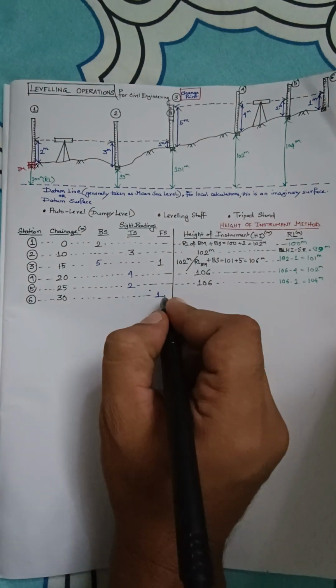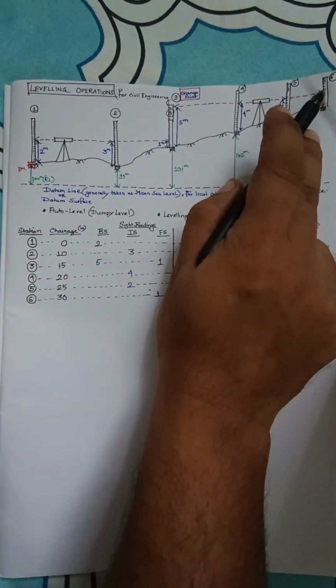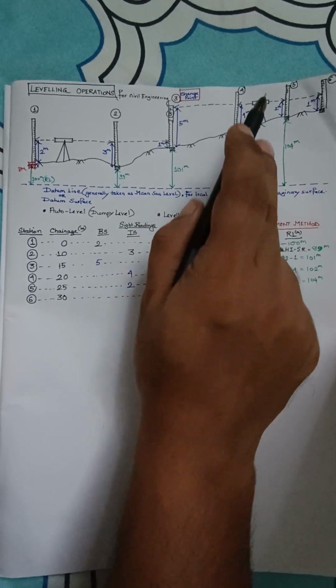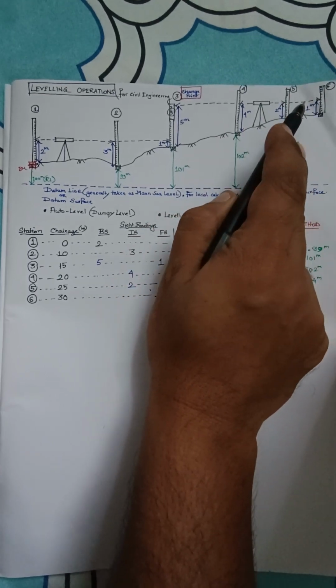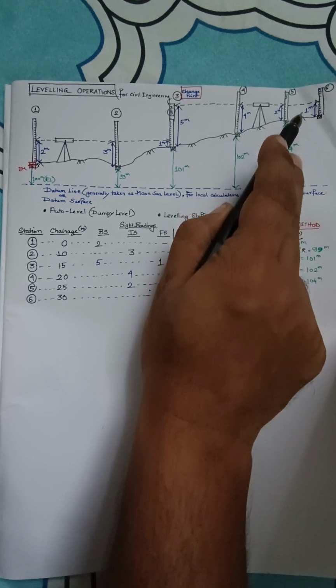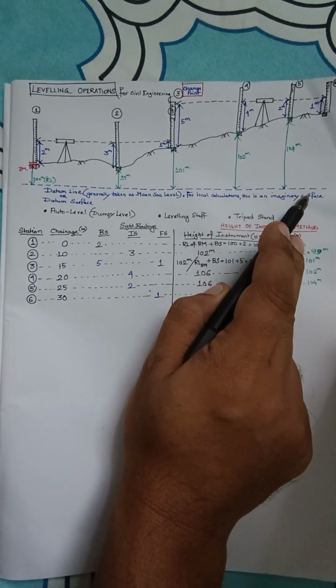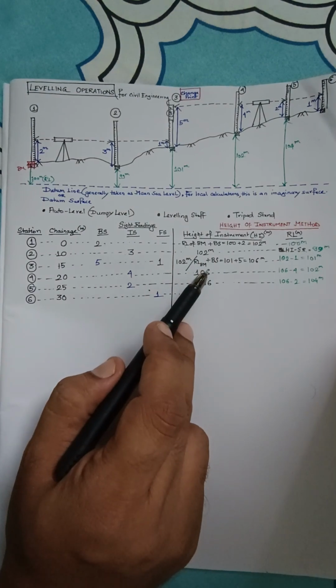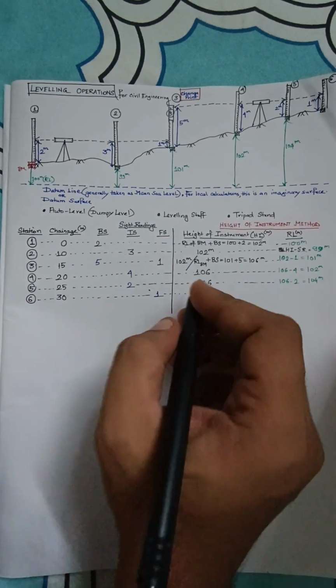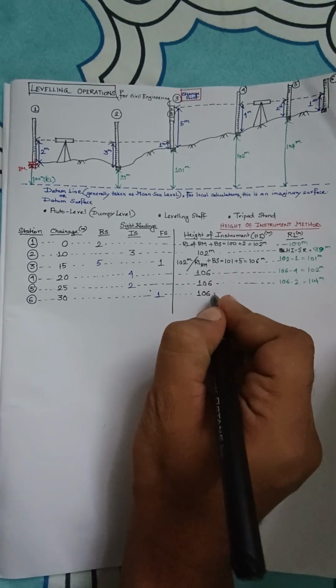And we are actually winding up our discussion at station number 6. At station number 6, again, the instrument did not change, so the line of sight, the line of collimation, remains as it is. So the difference between the datum surface and the line of collimation will also remain the same. So again, we have 106 meter.